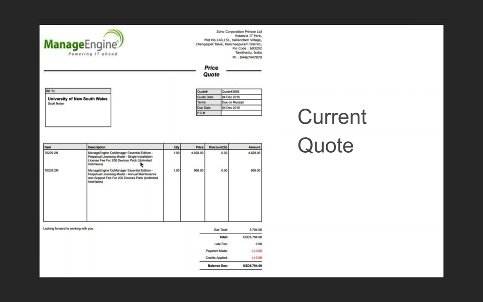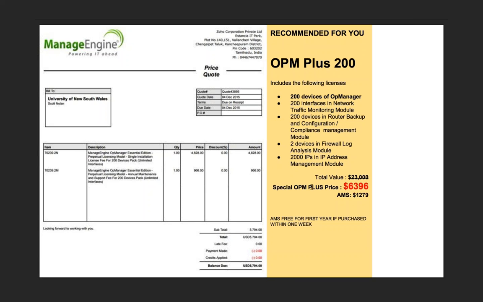If you see here, the 200 device pack for OpManager is around $4,828. I'm not sure if it is very clear on your side, but it is roughly $4,828 for a 200 device pack of OpManager. From now on we will be sending this recommended pricing along with it.